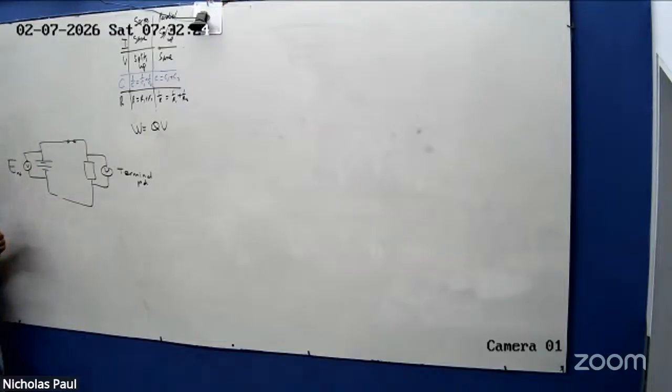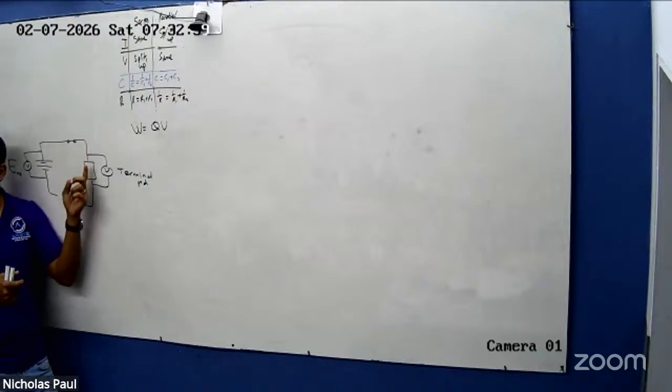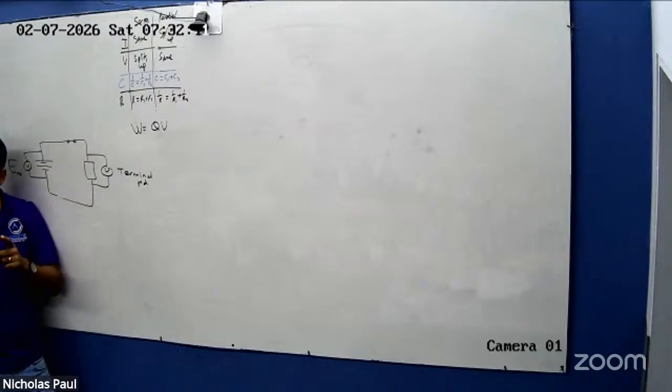So in definition now, how do we define this, because they have the same units and everything? EMF is basically when other forms of energy give you electrical energy. Terminal PD is when you take electrical energy and convert it to other forms.